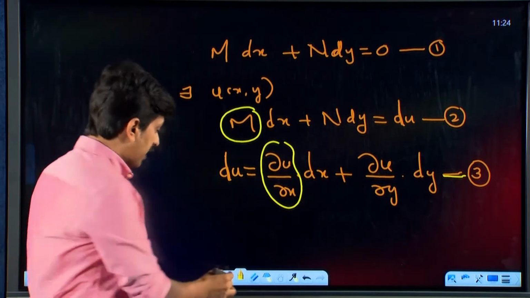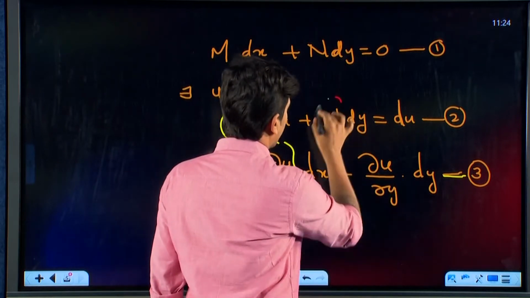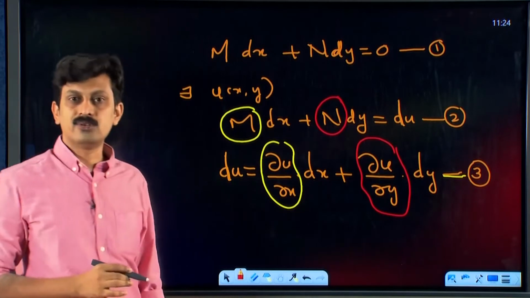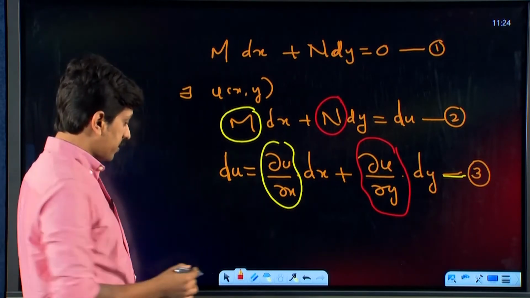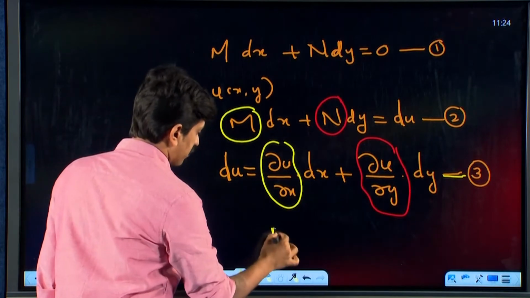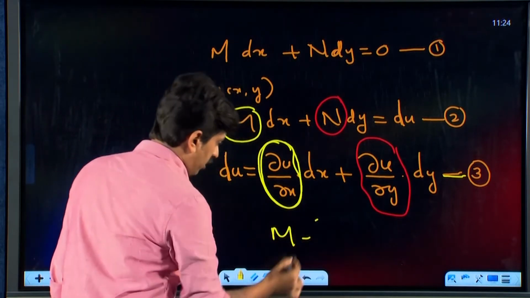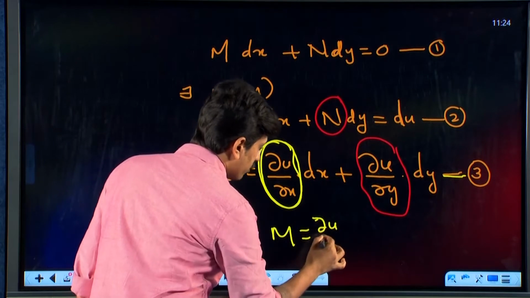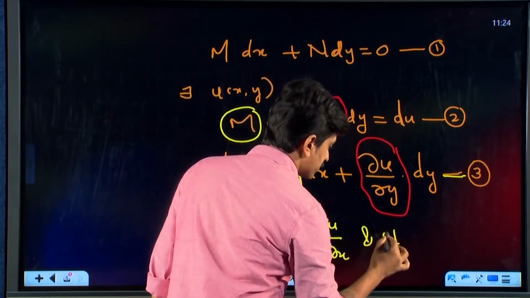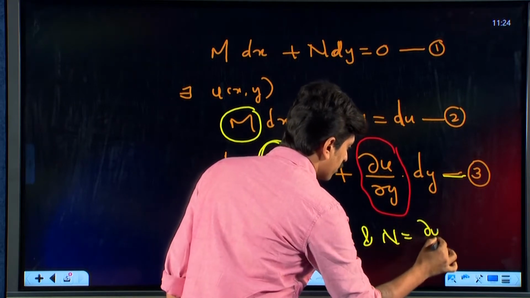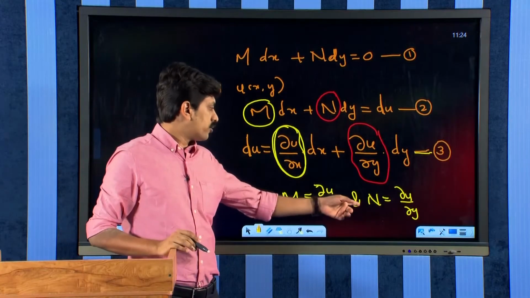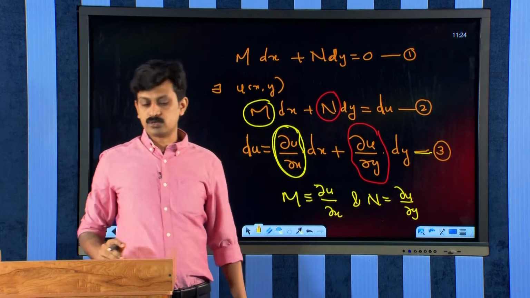Similarly, we have N dy here, and there we have ∂u/∂y into dy. From there we can find that M is equal to ∂u/∂x and N is equal to ∂u/∂y.